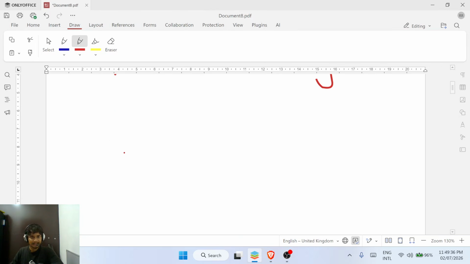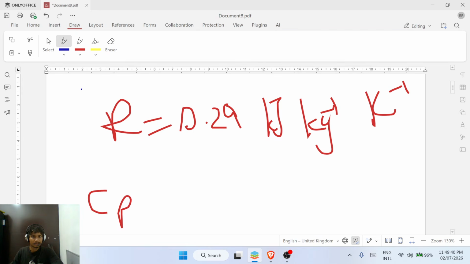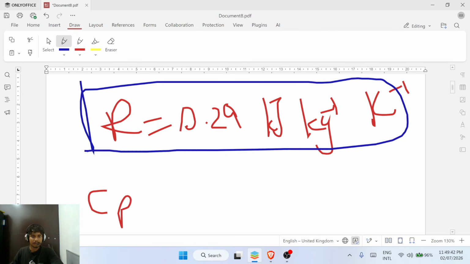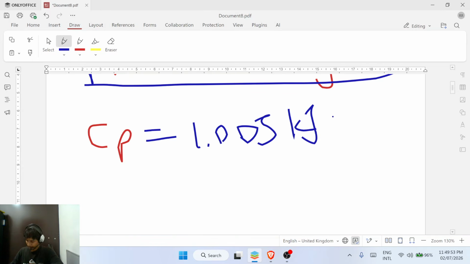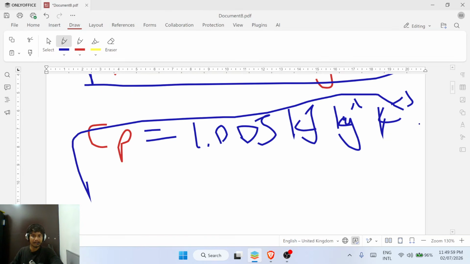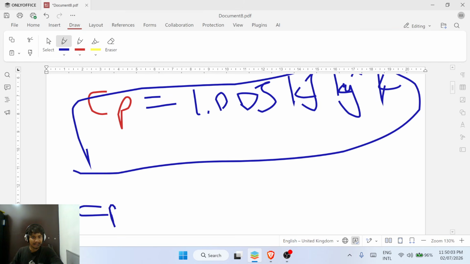Cp is equal to 1.005 kilojoule per kilogram per Kelvin. These are given data.